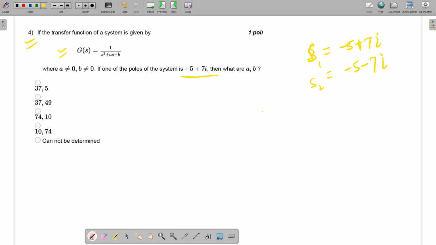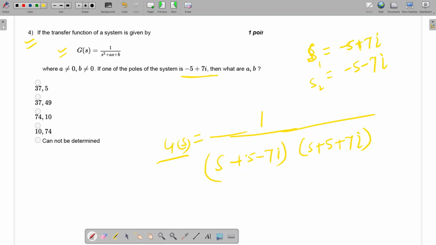So we can write 1 by (S + 5 - 7i) and another (S + 5 + 7i). This is the G(s) value. Is it clear to all? So A square minus B square we can apply.